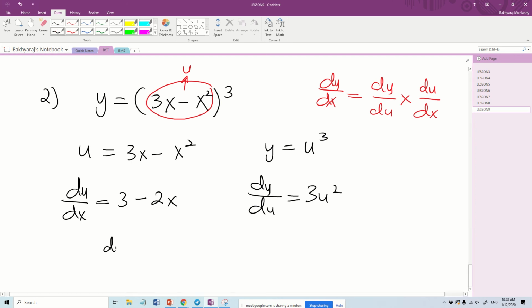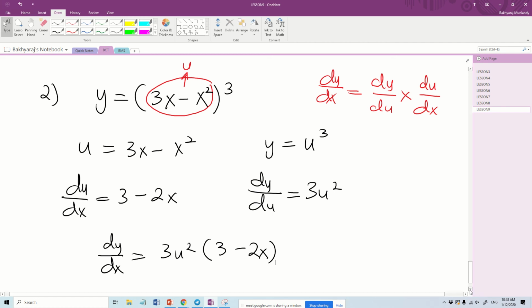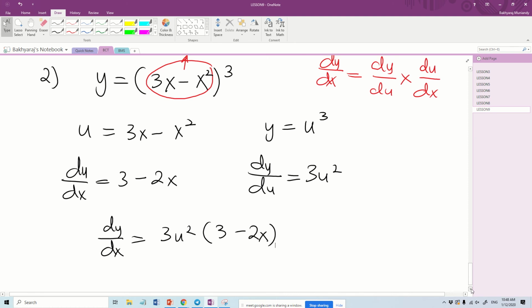So dy/dx will be equal to 3u square times 3 minus 2x. You can straight away substitute.